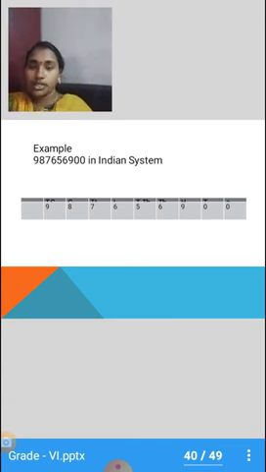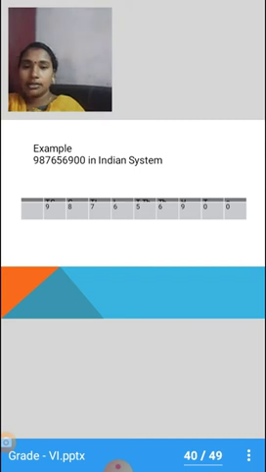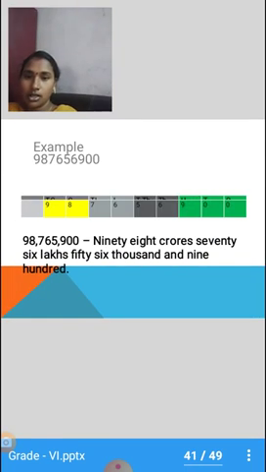So, 0 will come in ones place, followed by another 0 in tens place, 9 in hundreds place, 6 in thousands place, 5 in 10,000s place, 6 in lakhs place, 7 in 10 lakhs place, 8 will be in crore place, and 9 again will be in 10 crores place.